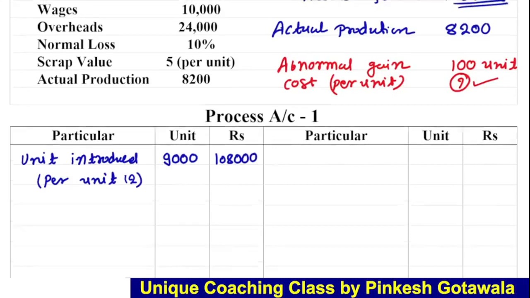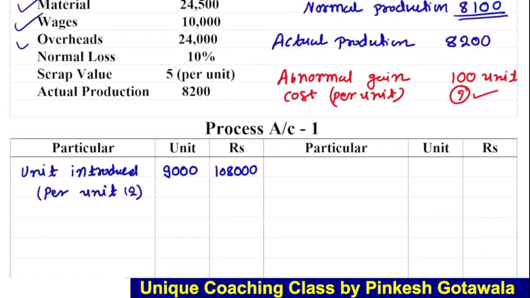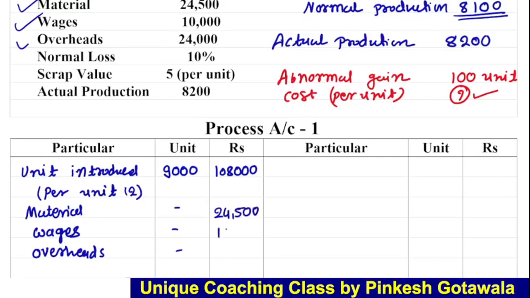Then the expenses: material, wages and overhead, and we give effect only in rupees: 24,500, 10,000 and 24.